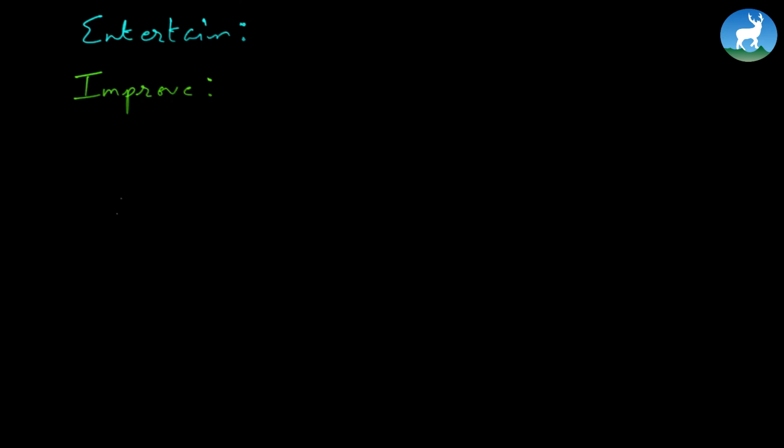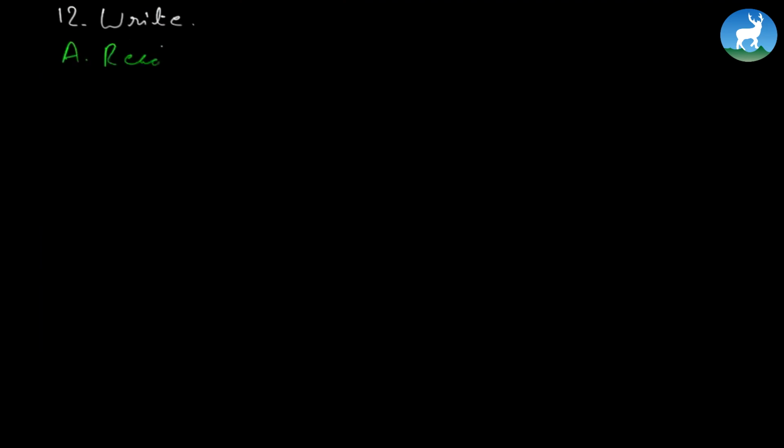Then we have orphan, orphan. All right. So with the help of a dictionary, you can very well change these words into noun forms. Very simple exercise. You can do this in the classroom or at home. That's number 12.